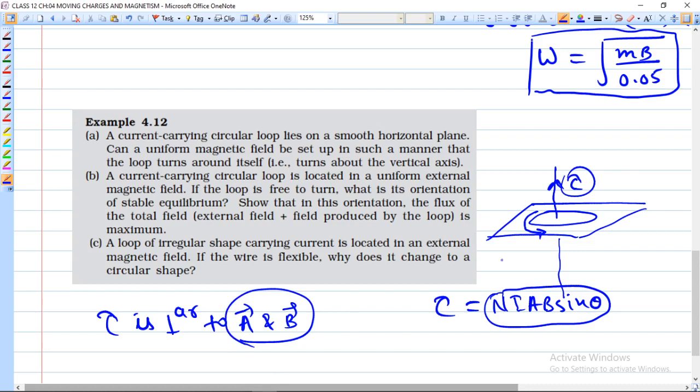Now, for this coil, what is the area vector? This one. So it is certain that tau cannot be in this direction, because the area vector is in this direction. That's why we cannot generate torque in this direction, which means we cannot have such a case that can turn the loop. So what is the answer? No. Clear?